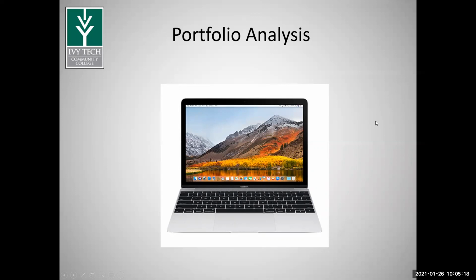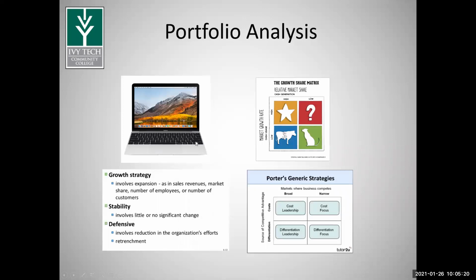And as you look at it like this, your growth strategy is really going to be using the cash cow to fuel your stars and your question marks to make them into stars. And so your generic strategies are probably going to be in this cost leadership area.